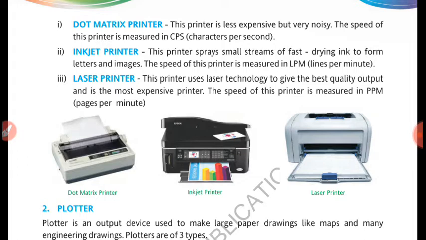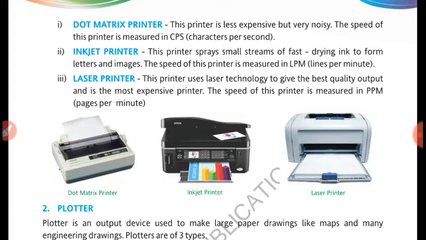Next is the laser printer. Nowadays most people are using this laser printer. It works on laser technology. A laser beam is passed through a paper, and all the content gets printed. So this is called the laser printer.